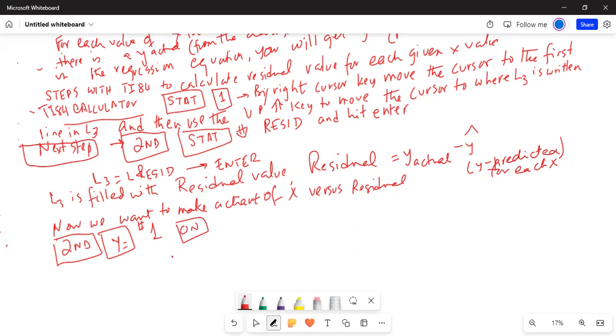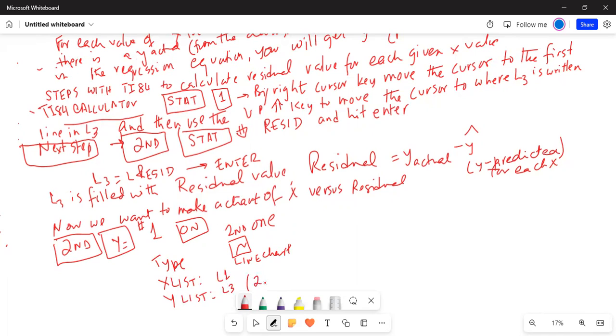Next line, type: you can go to the second chart, which is a line chart. The X list is L1, which is fine. The Y list you have to change to L3 because your residual is in L3.